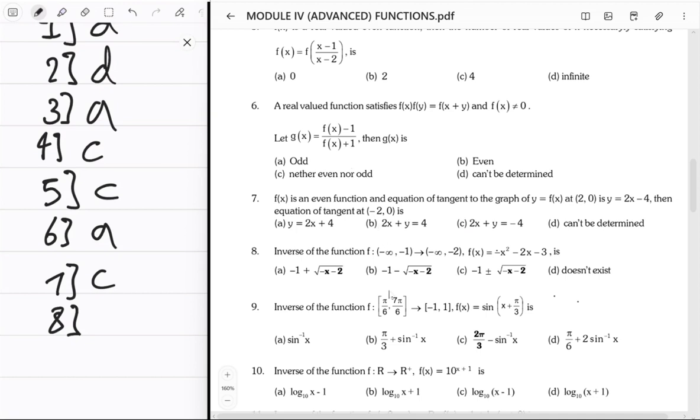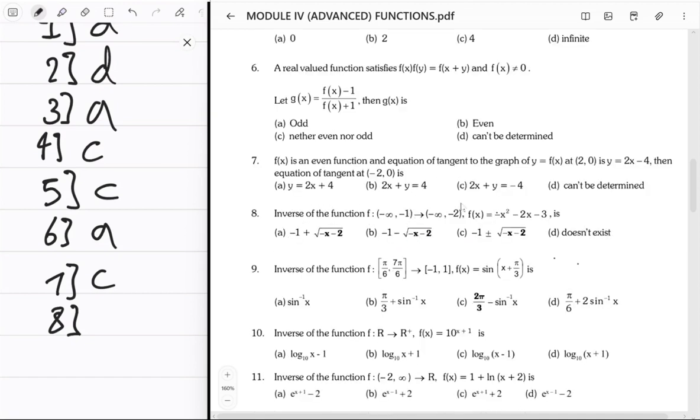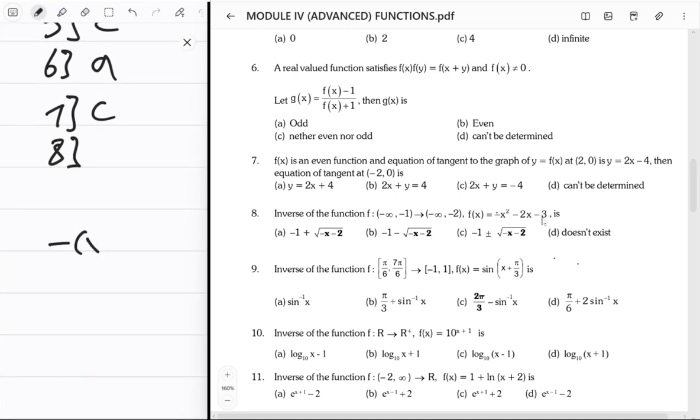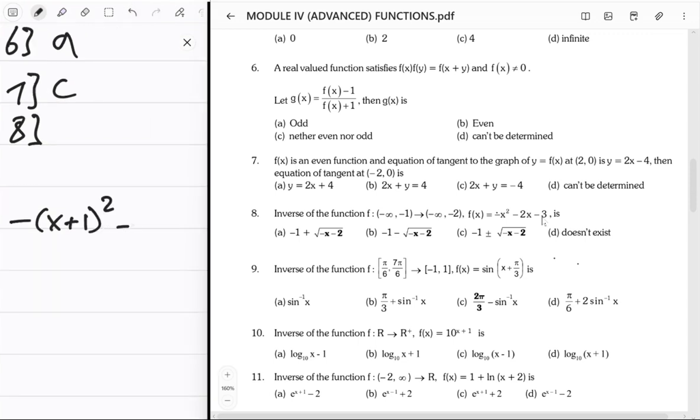Inverse of the function. So negative infinity to negative 1, to negative infinity to negative 2. Okay, so only less than negative 1 works, less than negative 2 works. The function f(x) is equal to negative x squared minus 2x minus 3. It's like negative (x plus 1) squared, minus 2.